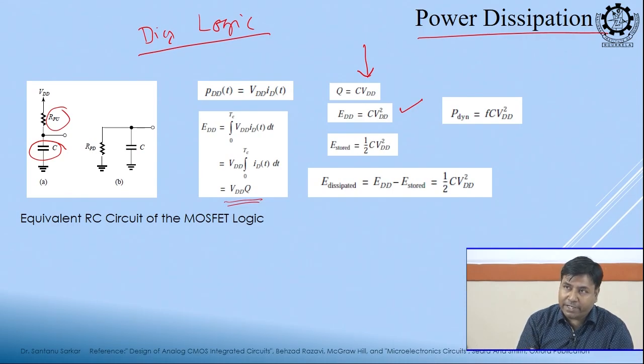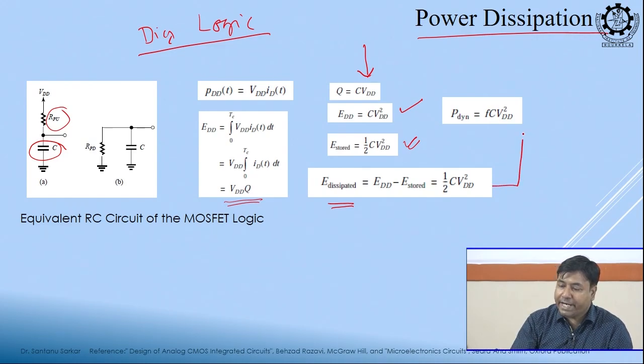Now, in this total energy from VDD, half of the energy will be stored in the capacitor. So, half C V square will be stored in the capacitor because the capacitor is charged up, and the other half will be dissipated as heat, it will be wasted. So, the energy dissipated is half C V square, right.